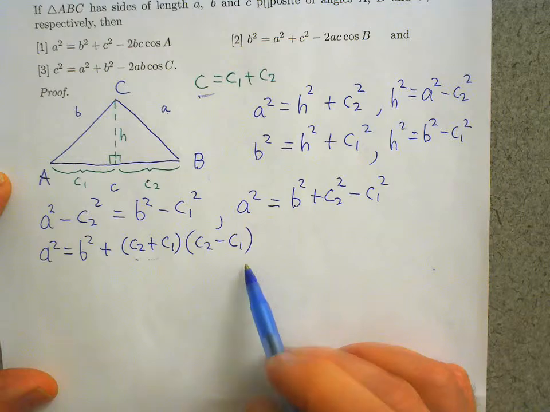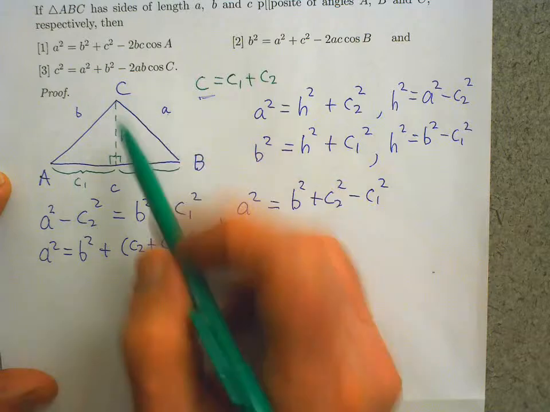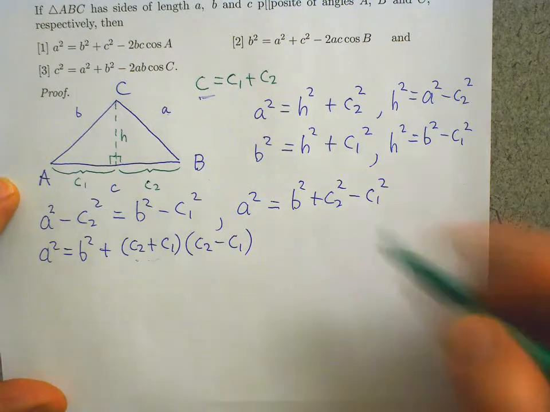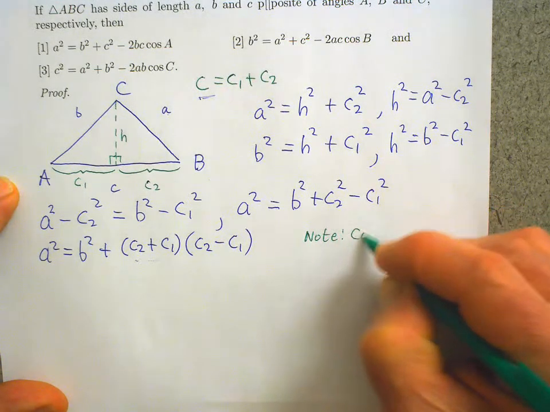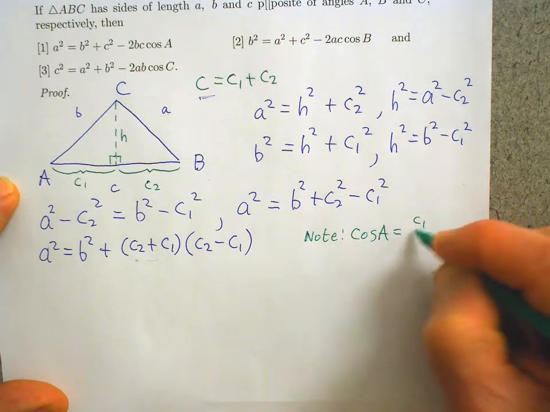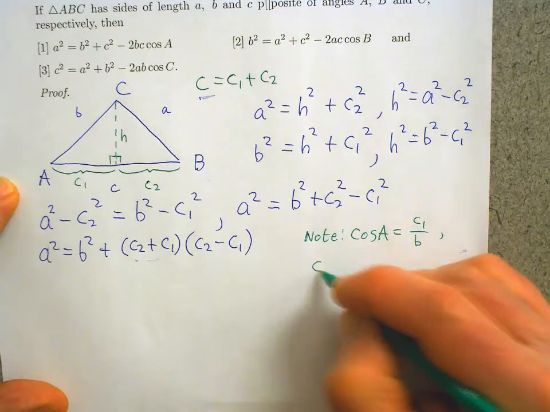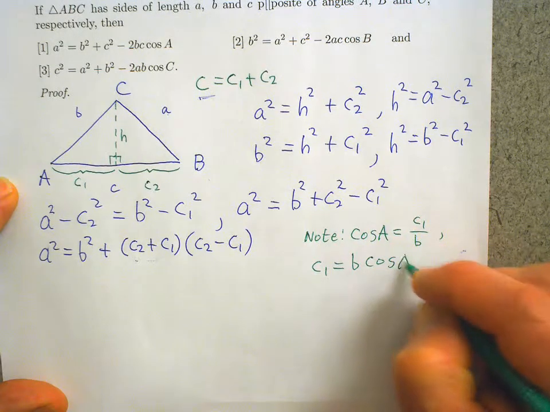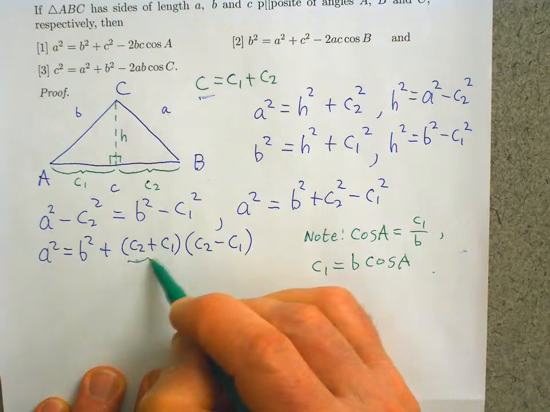And note, on this right triangle on the left, that cosine of capital A is equal to c1 divided by b, or lowercase c1 is equal to b times cosine of A. Okay, so we're going to replace c2 plus c1 with c.